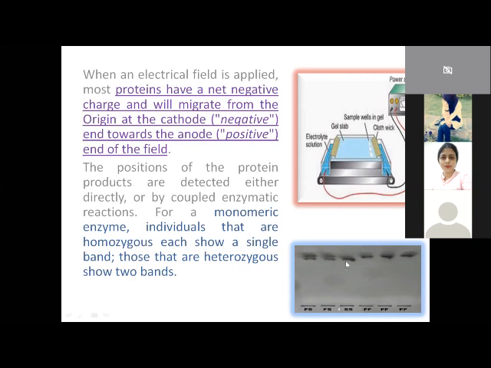Here there is only a single band of smaller size, so that individual has only the SS dimer, only the S form. And here is a single band of higher weight, so it is of FF size. With this method we can analyze the variation in the individual. Is it clear to everyone?